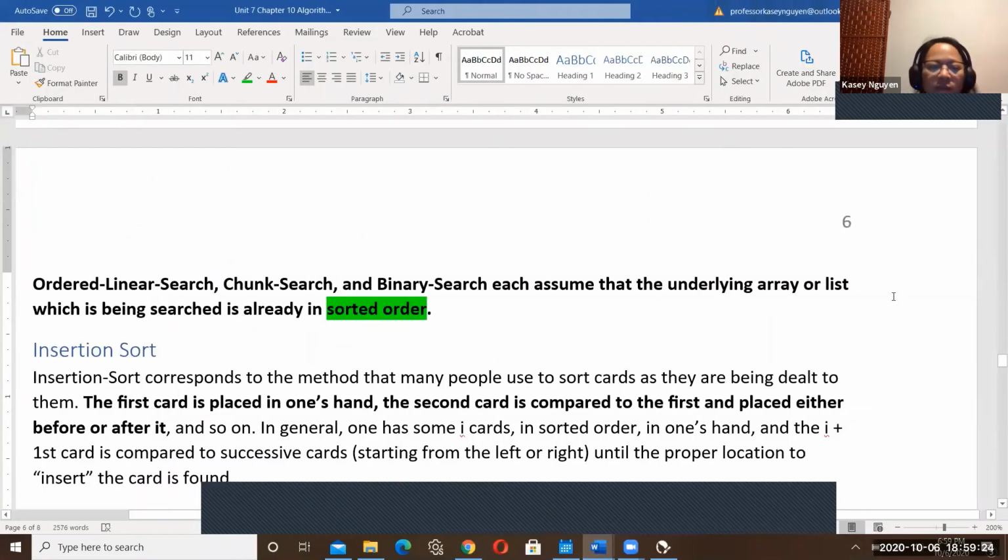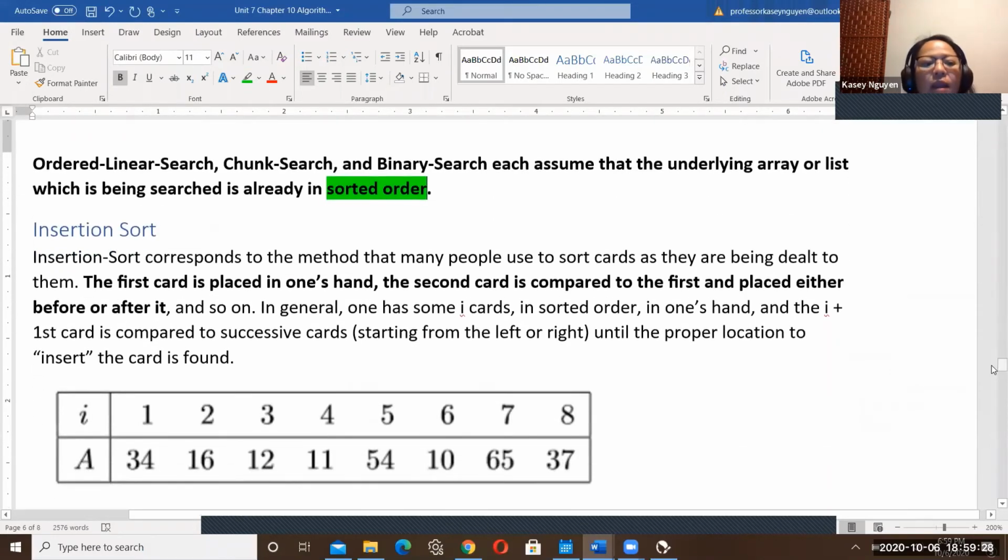Okay, so there are different types of sort. The first one we're going to talk about is called insertion sort. Think of it like when you're dealt cards. Most people would pick up the cards and organize them, maybe high to low or low to high.